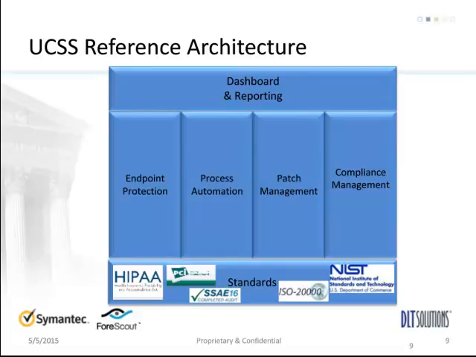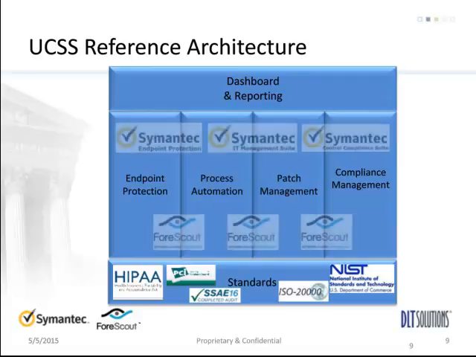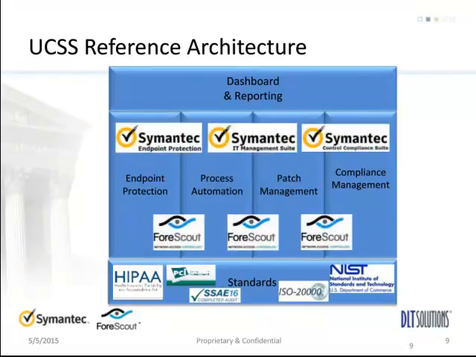The next part is the controls, the tools, and those various pieces in place that help to support the standards that you have chosen to put into place. They can be at various control points within the organization. Here we have endpoint, patch management, compliance management, process automation. We should not bypass process automation too quickly, because a lot of security is process.